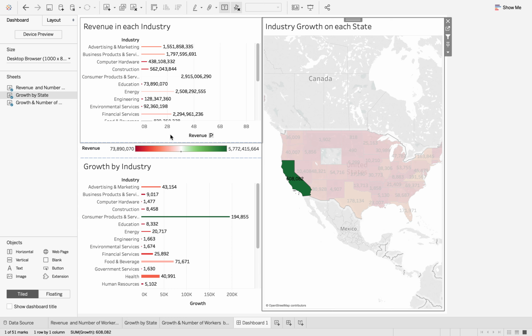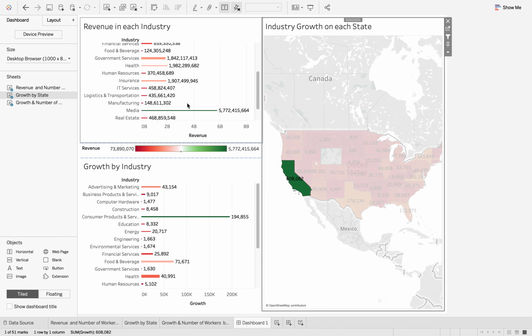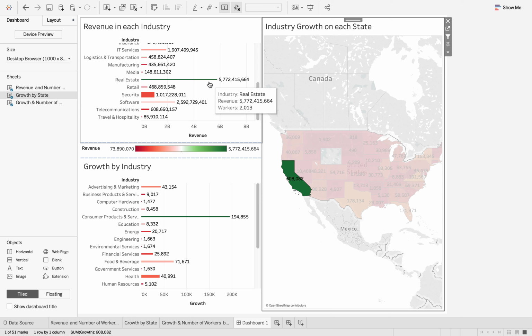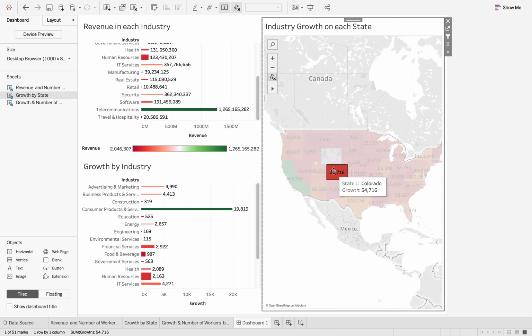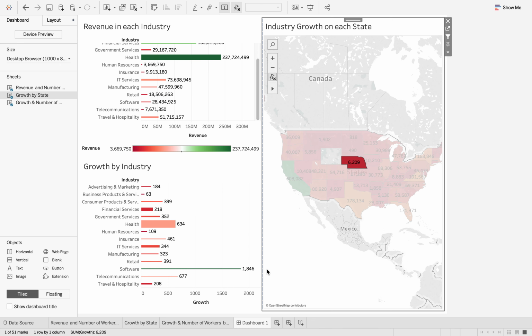If I check California, you can see that the industry with highest growth is consumer products and services, and with highest revenue is real estate, which helps you analyze what can be a good startup in this type of state. So it would probably be a good idea to do a real estate company or consumer product services. This filter works for every single state.